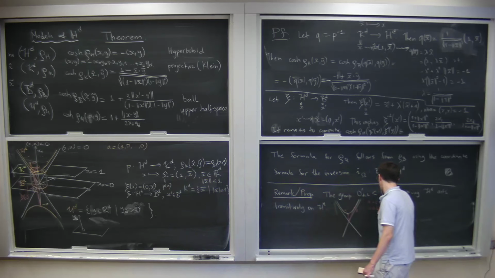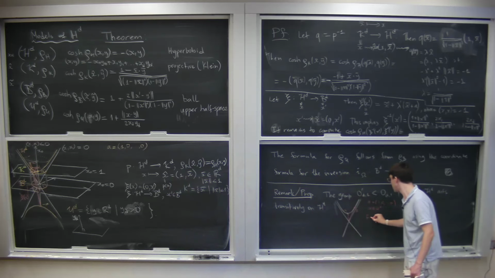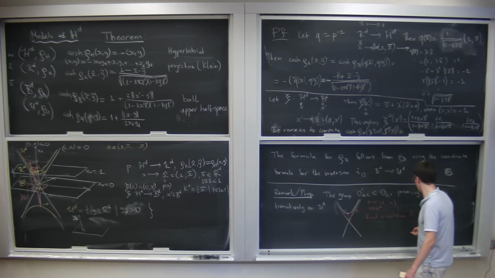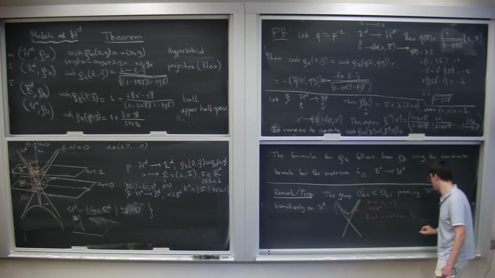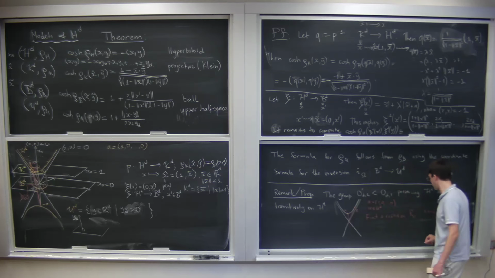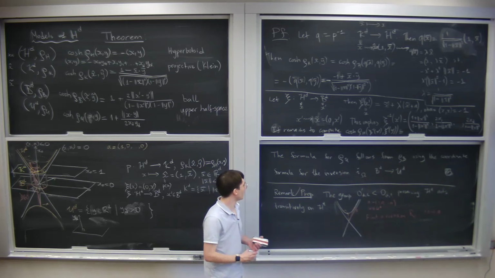X is any other point from HD. Find the reflection, let me denote it as RH, that sends X to A. And this will give you this isometry acting.